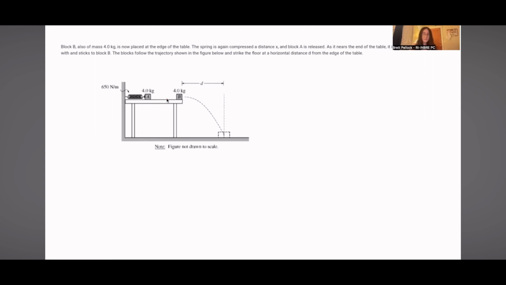That means that there's not going to be friction in the air or friction on the table, so it's going to be still a closed system.